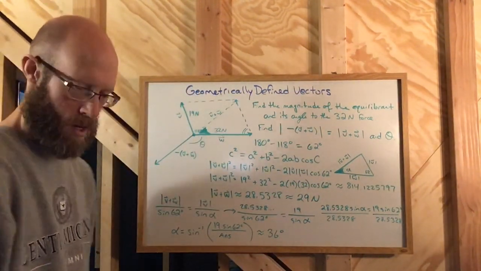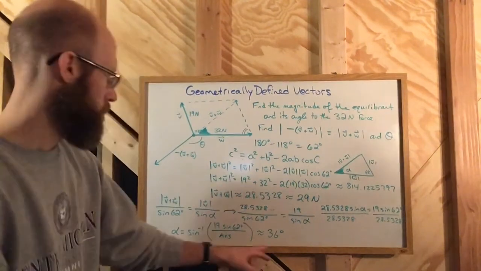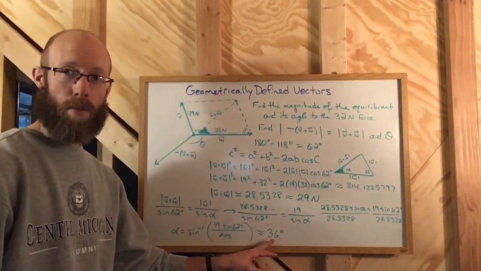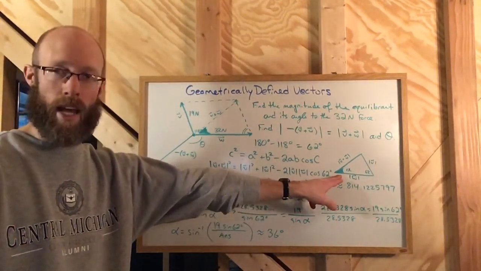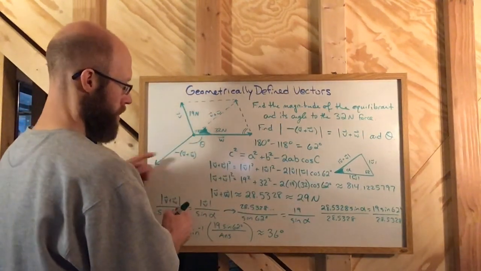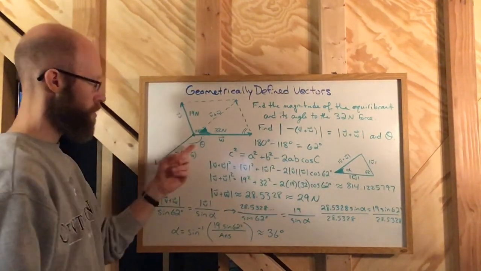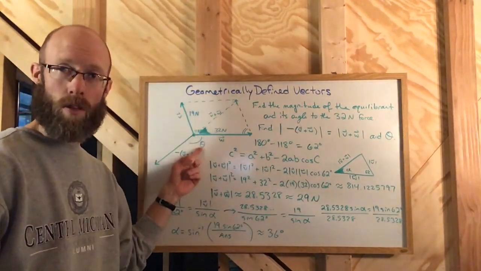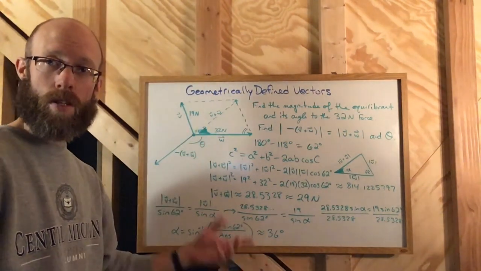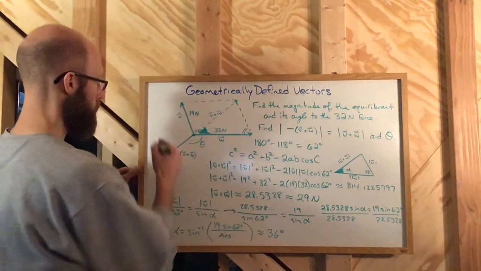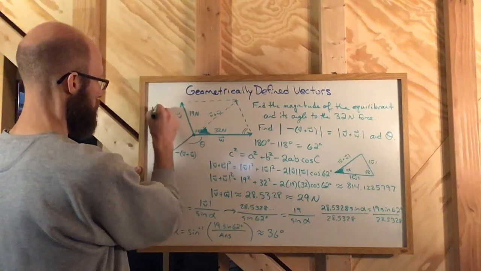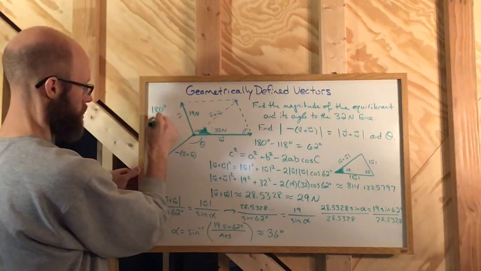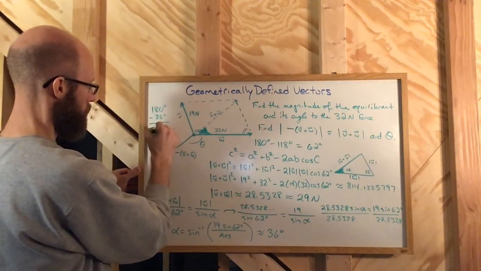So that's a 36-degree angle. But that angle, remember, is the shaded angle here, alpha. So how do I find theta? Theta is what I'm really looking for. Well, I subtract the 36 off of 180. So 180 minus 36 should give me 144.